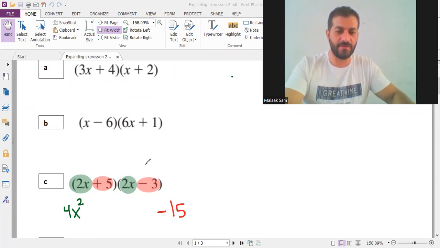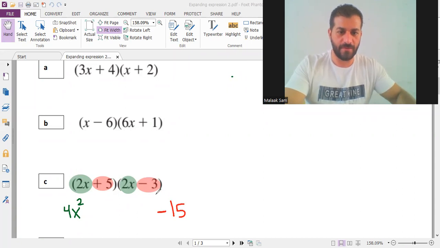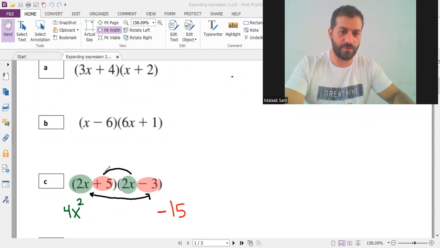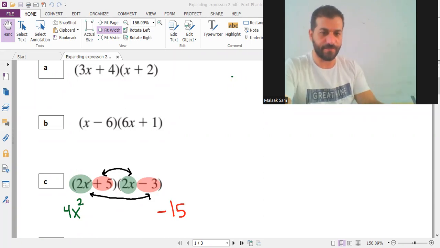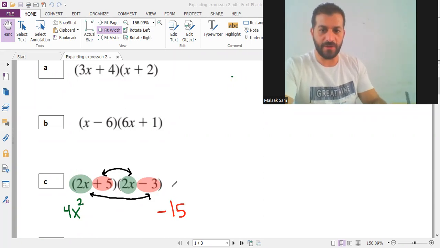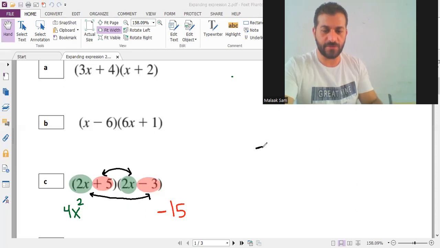What is in the middle? In the middle is the product of extremes plus the product of means. So let's multiply the extremes. 2x multiplied by negative 3, it's going to be negative 6x.